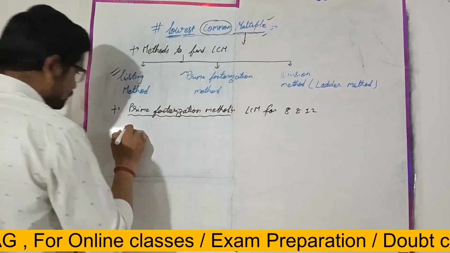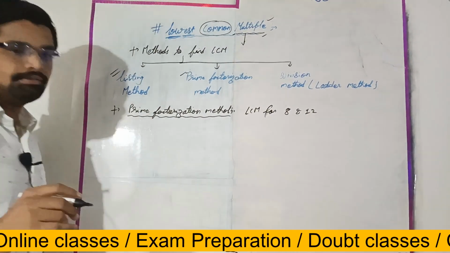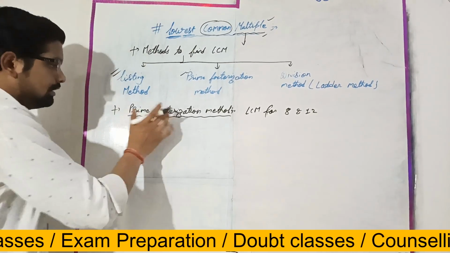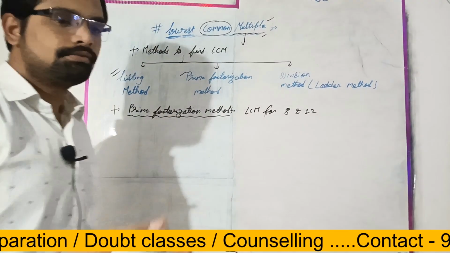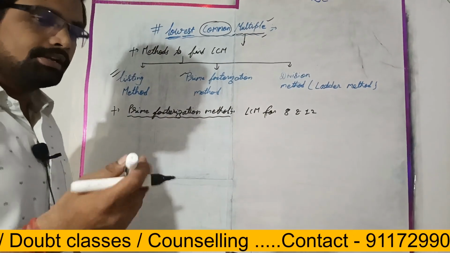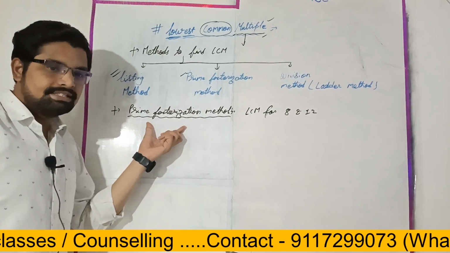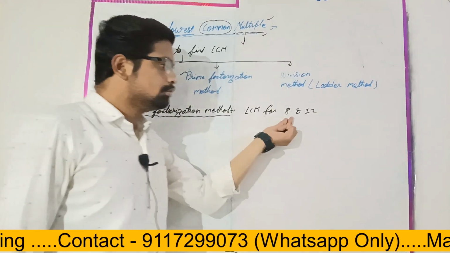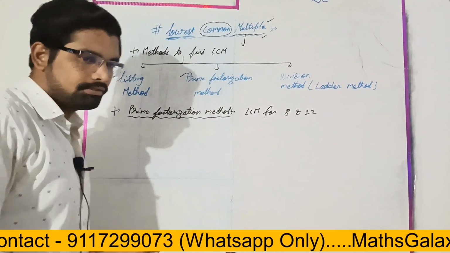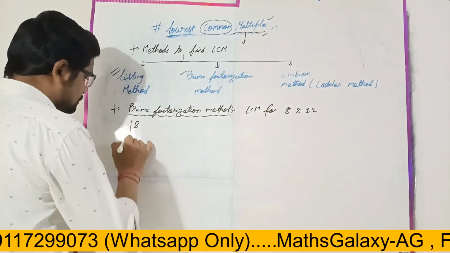What we have to do here is prime factorize. The steps, how to do it, are already hidden in the name. As it is written prime factorization, it means we have to prime factorize 8 and 12. So let's do it.